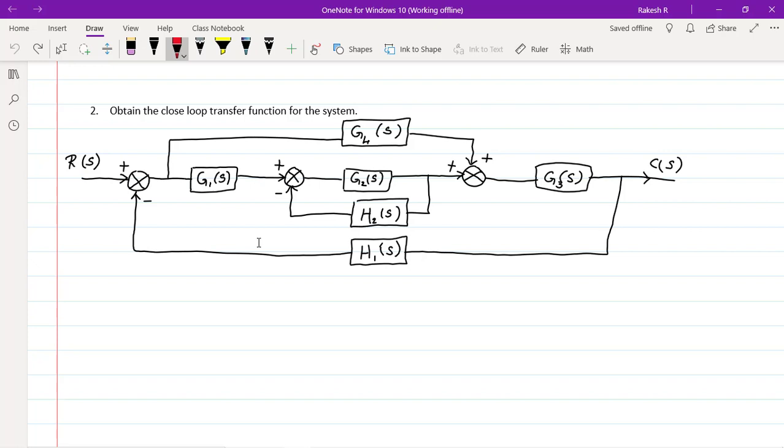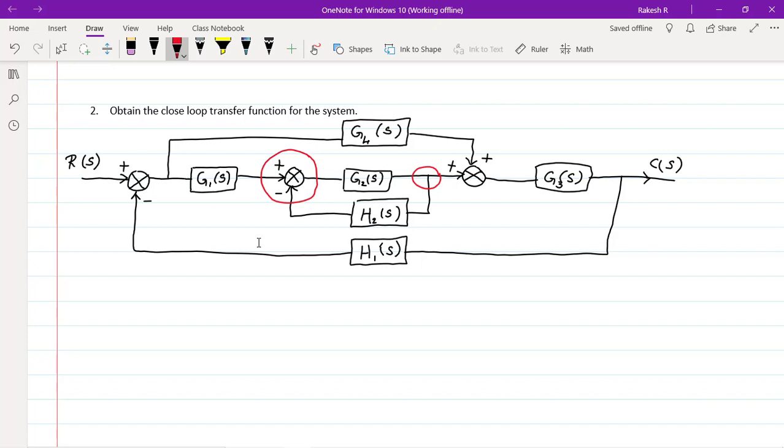G4, G2 and G4, G1 are parallel blocks here. Though these two are parallel blocks, we cannot take again. Why? Because we have the summing point in between that, right? And we have a takeoff point here also. So we cannot take G1, G4, G2 or G4, G1 as series because we have a summing point and takeoff point in between that, right?